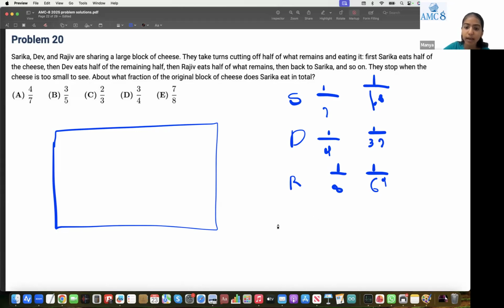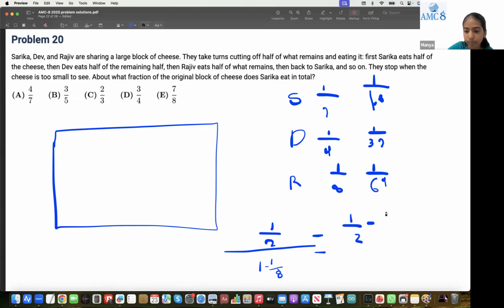By that, I mean that first of all, they start with Sarika eating 1/2. And 1/2 over the total, which is 1, right? 1 is the total, the amount they start with, 1 minus 1/8, since that is the last part of the first round. Rajiv eats 1/8 of it. So we will have to do 1/2 divided by 1 minus 1/8.